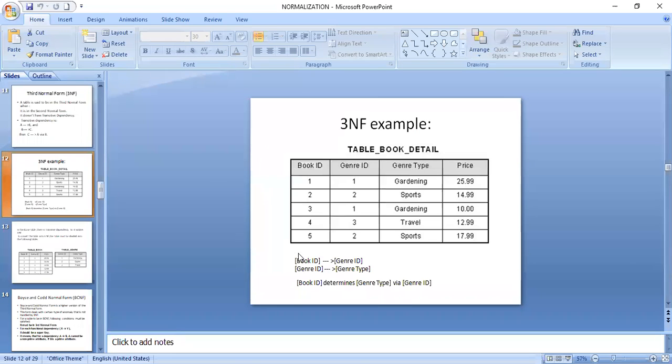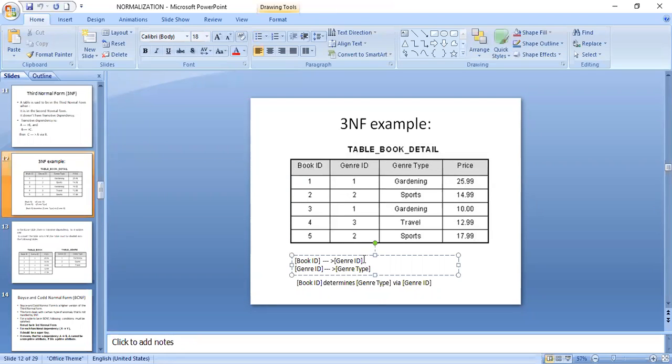If you look here, book ID, genre ID is one table. This particular FD rule comes under one table and this other rule comes under another table. This is how you should remember it, because the usage of these two in the same table gives you transitive dependency, which is not acceptable.